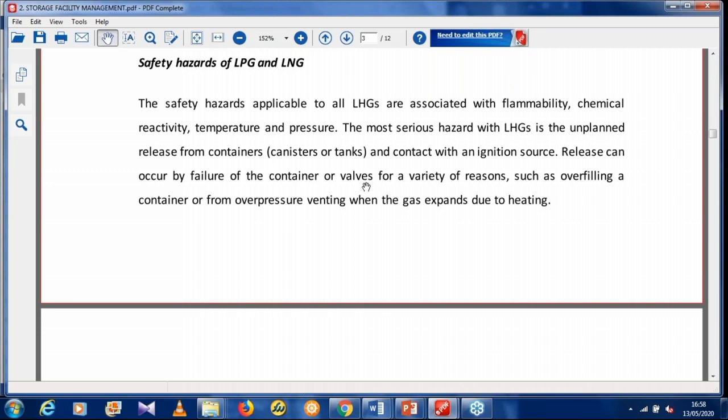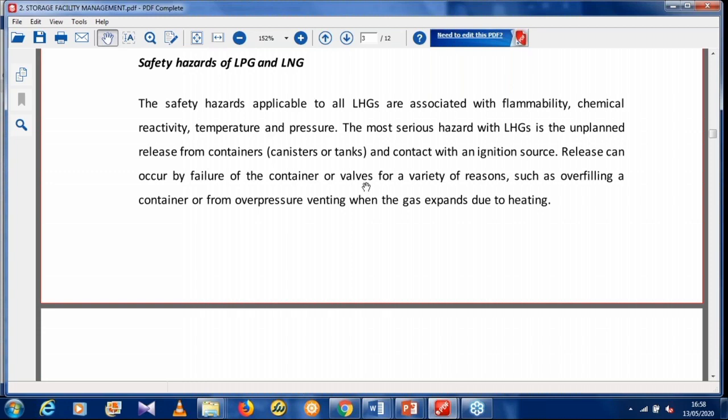So the kind of storage that is used for gases is such that it will have to be under very high pressure. We have them in high pressure in cylinders or bottles, or some spherical tanks. Now the hazards applicable to all liquefied hydrocarbon gases are associated with flammability.